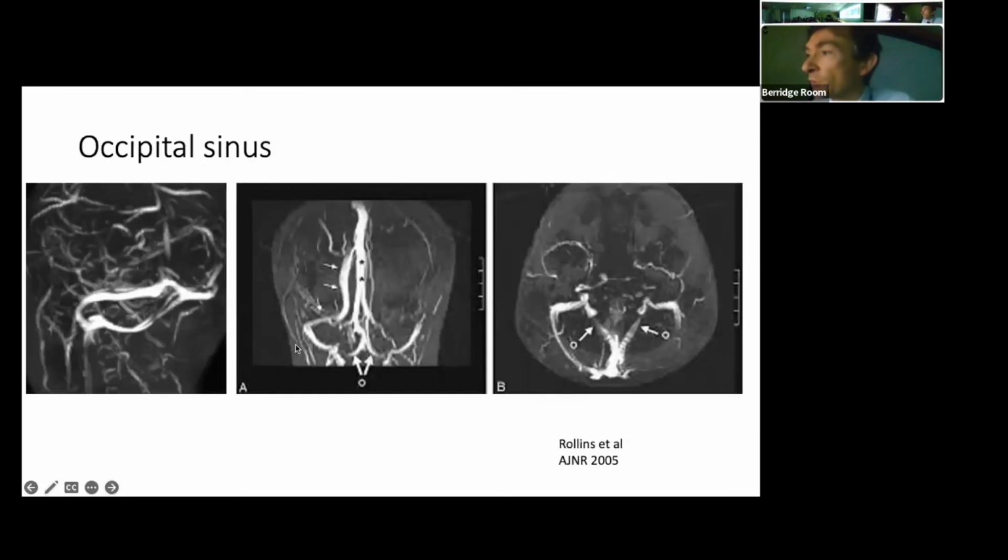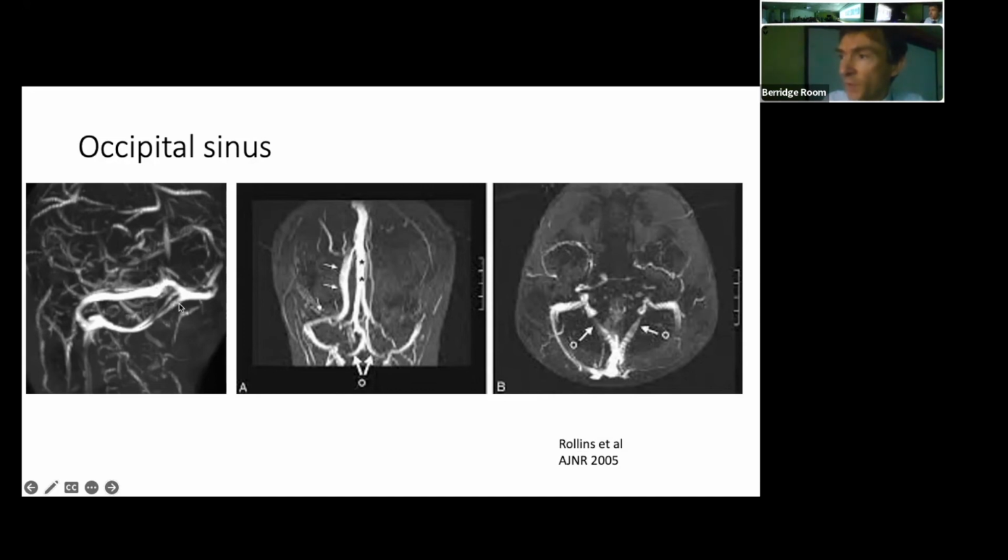And then I wanted just to mention this entity, the occipital sinus. This was quite an interesting paper. Again, it's quite an old one, but they reviewed MR venography in a number of children looking for variants in anatomy, and they pointed out this structure.